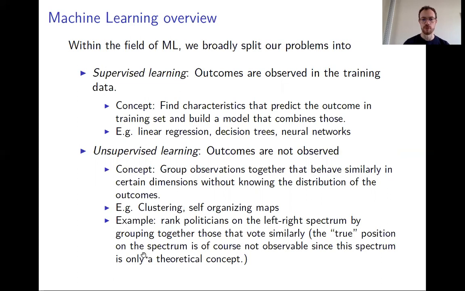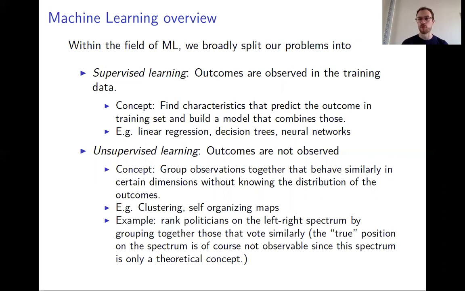A good example is if you're trying to rank politicians on a left to right spectrum. Since the left to right spectrum is a theoretical concept, there is no observable measure of where exactly each politician lies on the spectrum.